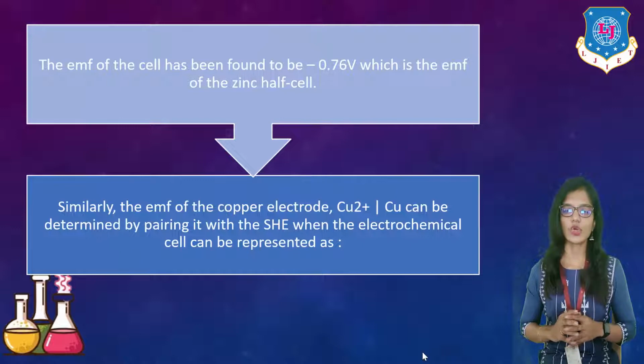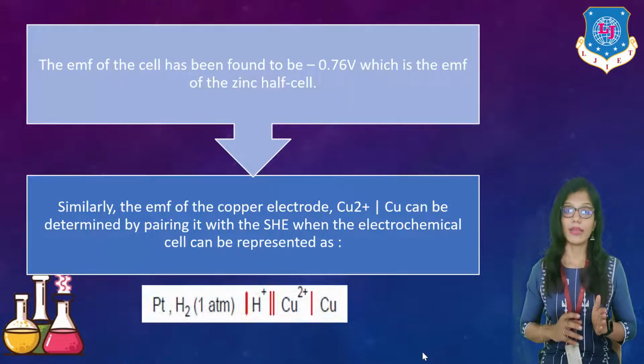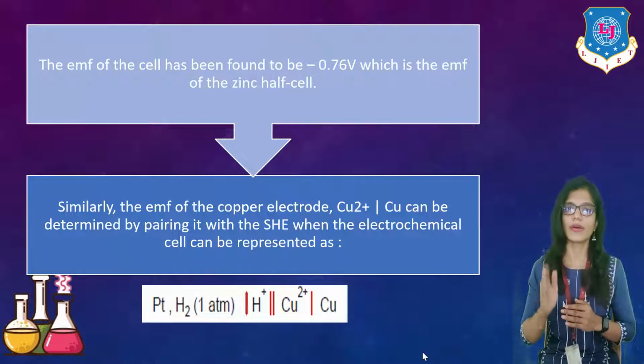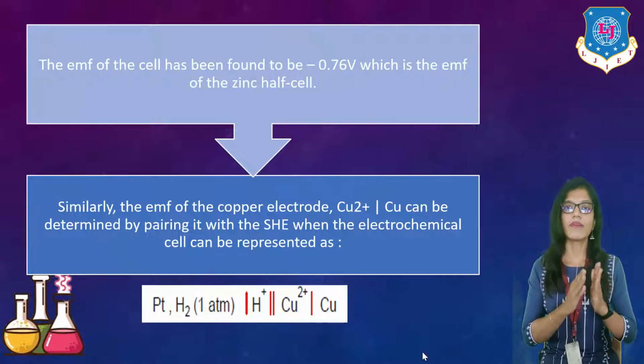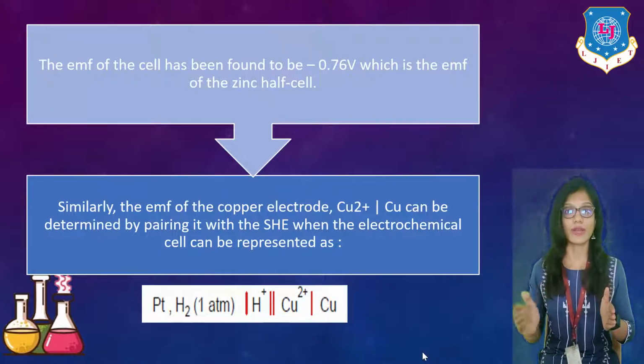The electrochemical cell can be represented as platinum with H2 gas at 1 atm pressure in contact with H+, then the salt bridge symbol, and then Cu2+ in contact with solid Cu. So as you can see, we have put the SHE on the left side, and the Cu2+ | Cu half cell is on the right side.